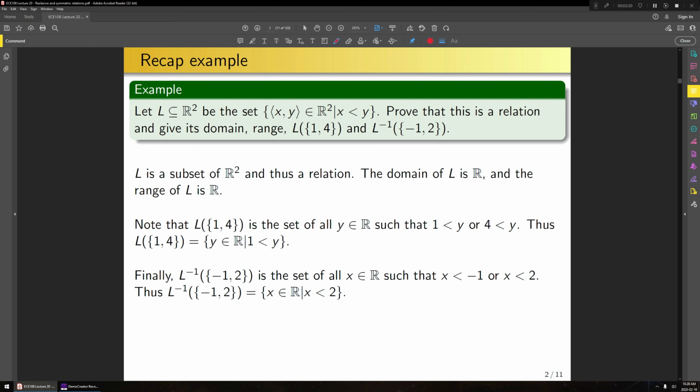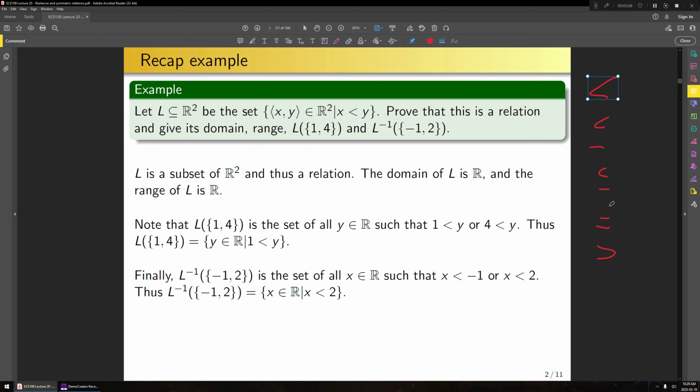Okay, perfect. Now what we're going to do is talk about other types of relations, and we're going to introduce a bunch of new definitions and figure out how to determine if something satisfies those definitions. And really the bigger mathematical goal here is we now know that all of these symbols, things like less than or equal to, subset of, equals, greater than, are all relations, but they all have different properties, right?